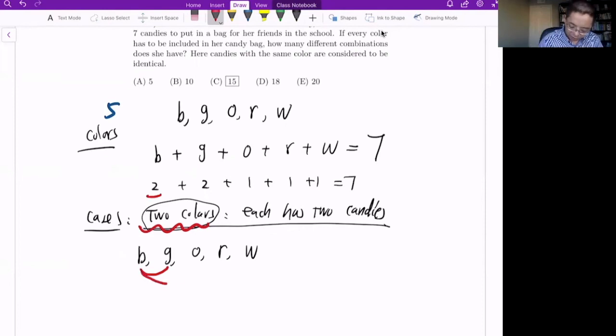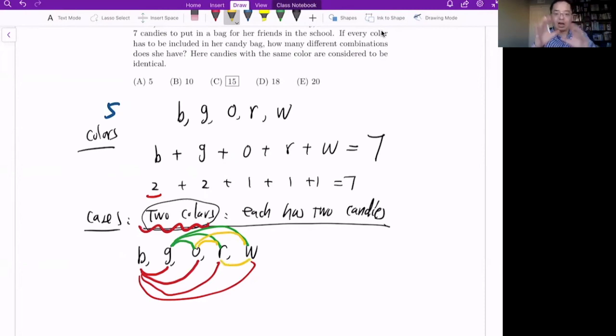Or you can choose 2 blue, 2 red; 2 blue, 2 orange; 2 blue, 2 white. Or 2 green, 2 orange; 2 green, 2 red; 2 green, 2 white. Or 2 orange, 2 red; 2 orange, 2 white; or 2 red, 2 white. So you try all those combinations.